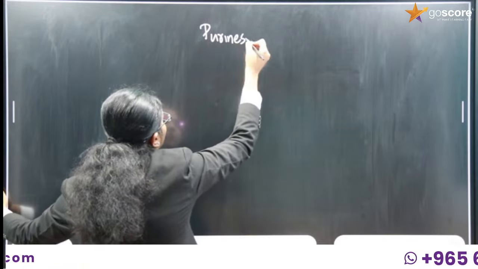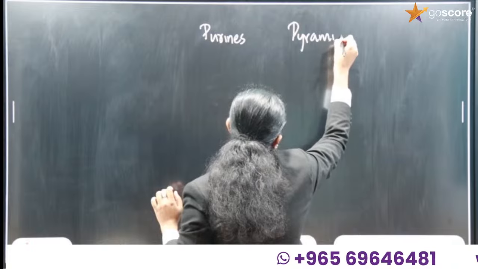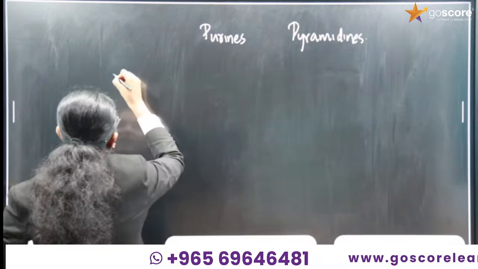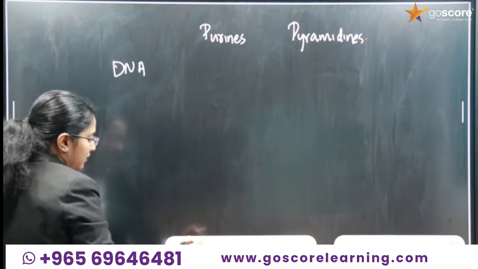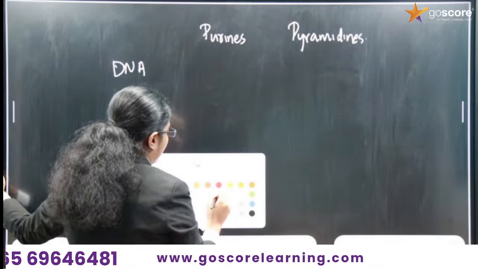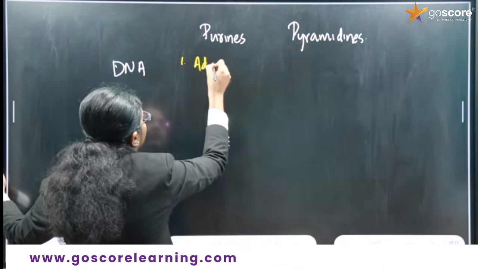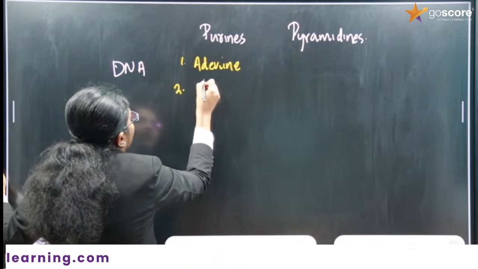Here we can write the purines, and here we can write the pyrimidines. If you are considering DNA, what are the purines present? First one is adenine. Second one is guanine.